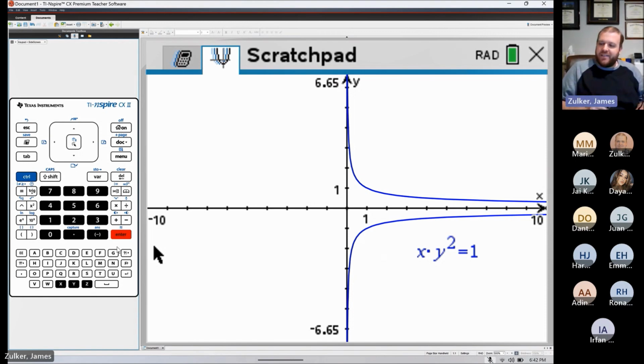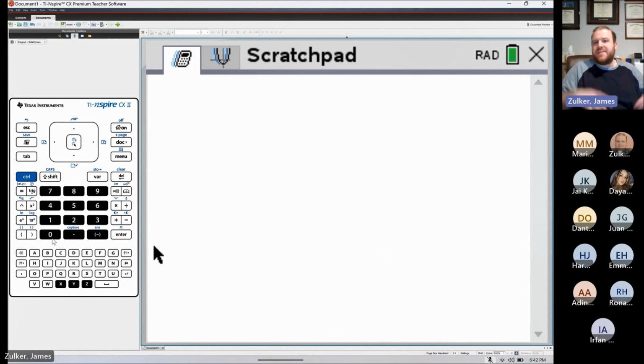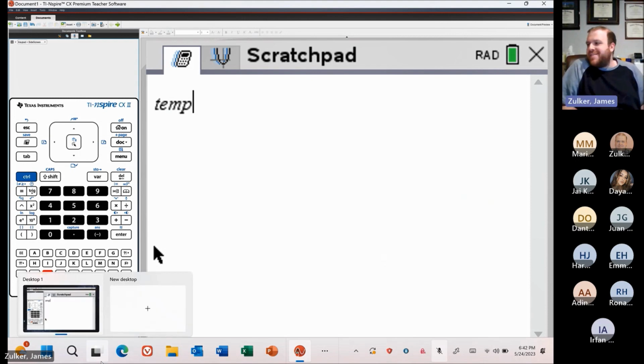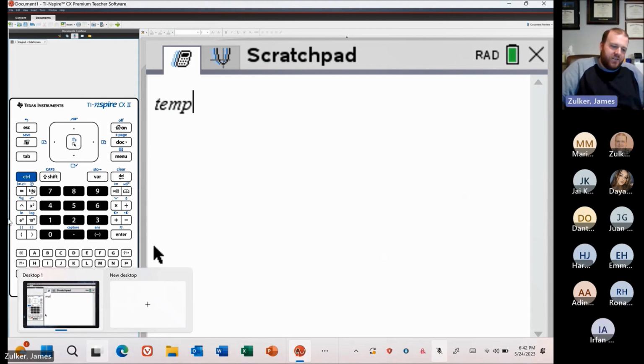And the reason for that is, if I just come over to calculate real quick, control 0, and let's say I want to store some value, say like a temperature or something. I can represent temperature as the variable temp.